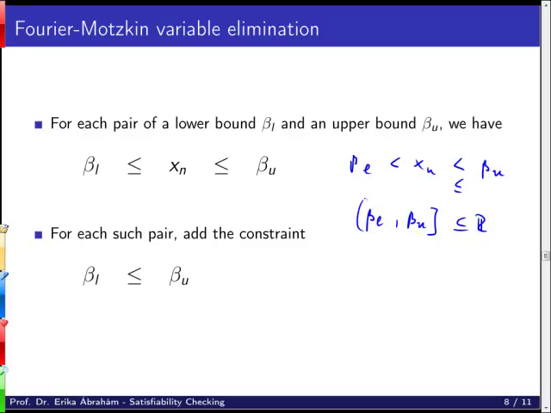Note that this is a left-open interval. So that means I must add beta L is less than beta u. This assures that the interval is non-empty, and then these inequations can be satisfied. So there exists an xn for each value of these betas.